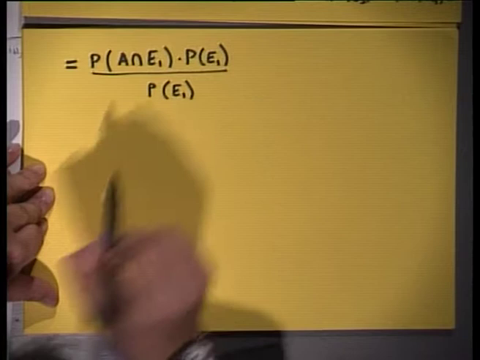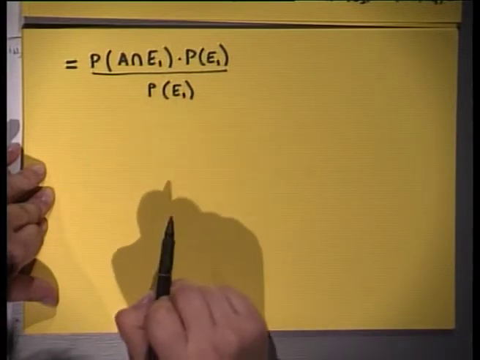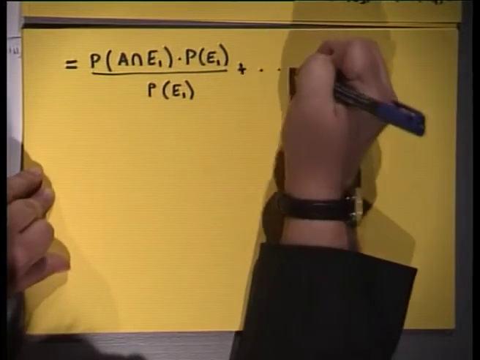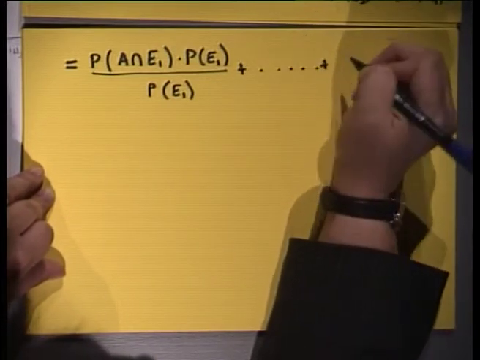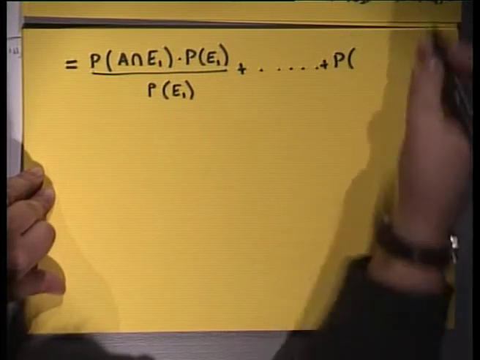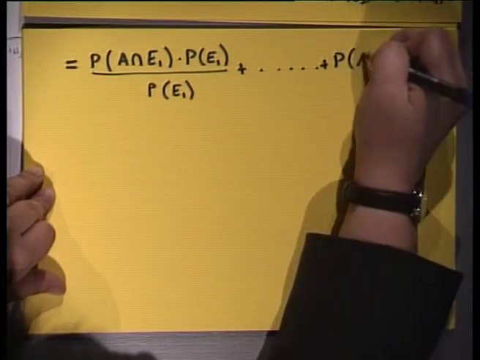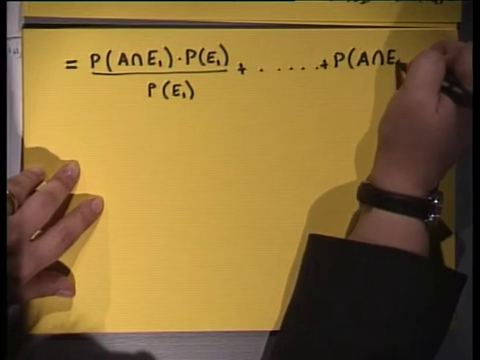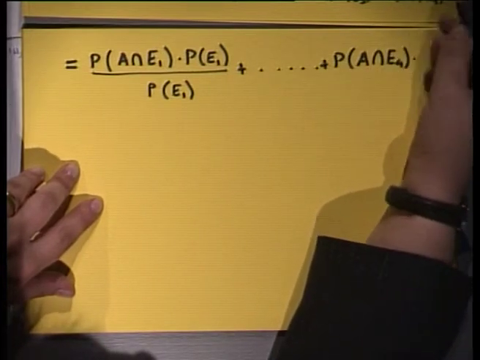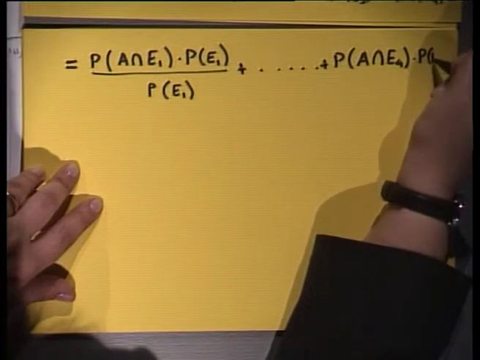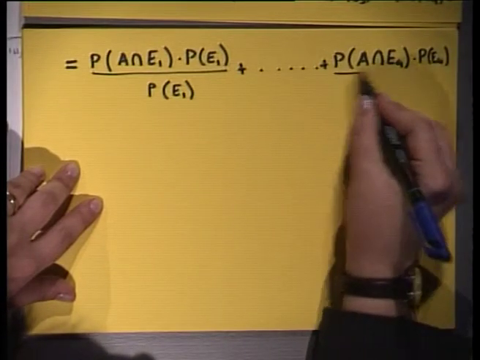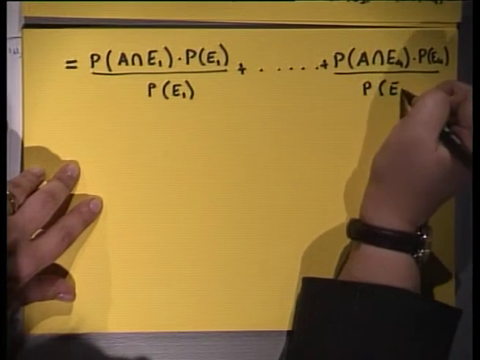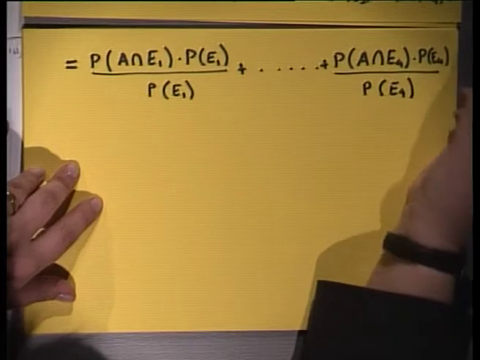Here we have to have that the probability of E1 is not 0, plus, and so on for all others, the probability of A intersection E4 times the probability of E4 divided by the probability of E4.